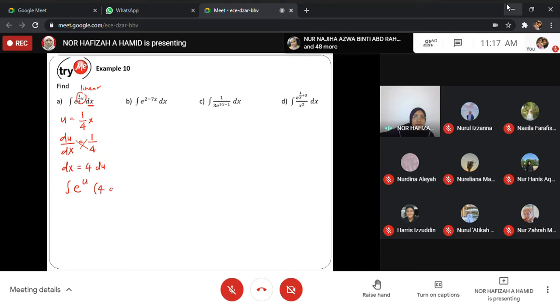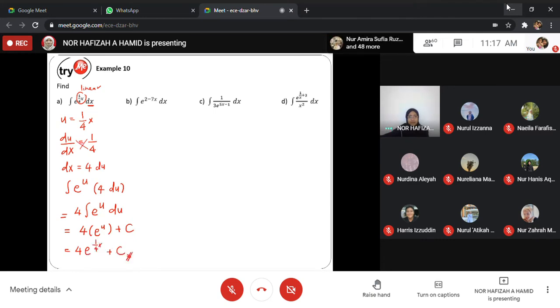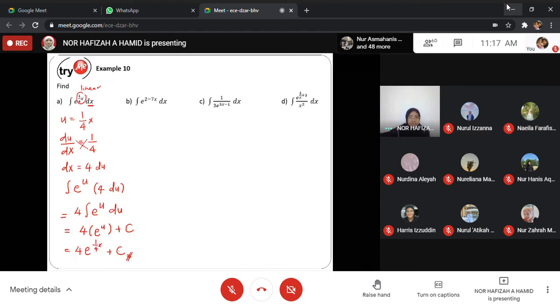So you have 4 du. 4 is a constant, so you integrate e to the power of u du. So 4 and integrating e to the power of u, you have e to the power of u, plus c. Final answer, substitute back u: 4e to the power of 1 over 4x plus c. So this is the answer for A.